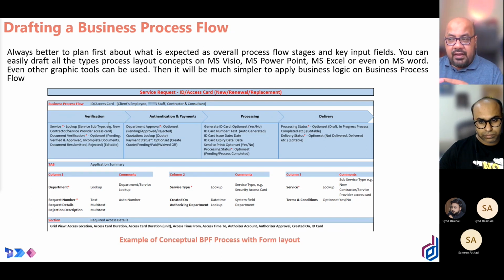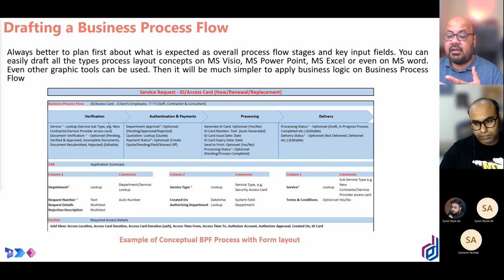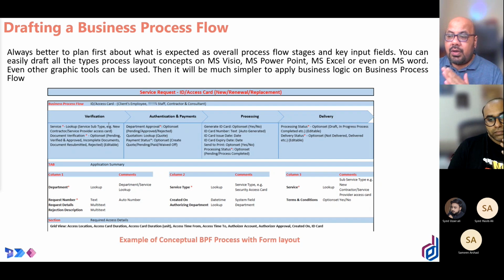To draft any business process flow, you can follow the same practice as in drafting a workflow as well as an action, even in Power Automate, where you draft all the requirements and the design itself. From here, you divide it to represent what is going to happen at each stage.